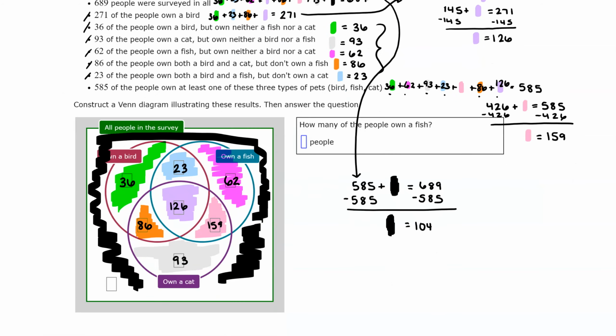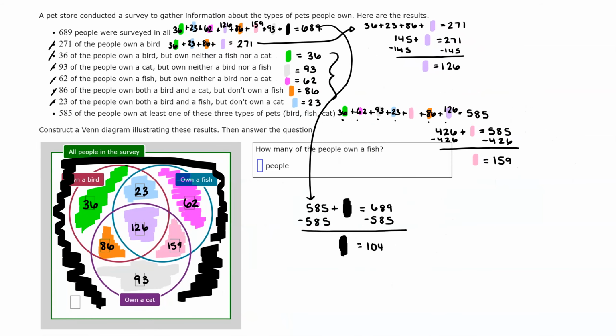So now let's answer the question. Let me write it in a different color so it stands out, 104. Okay, so the question said, how many of the people own a fish? Okay, well, fish has 4 rooms, right? It's got blue, it's got dark pink, it's got light purple, and it's got light pink.